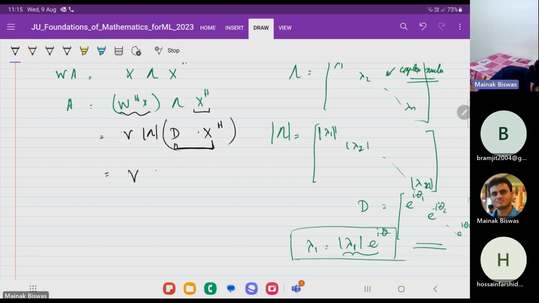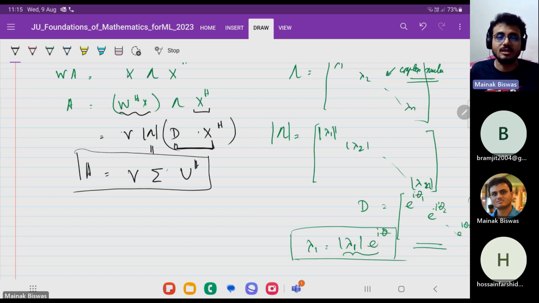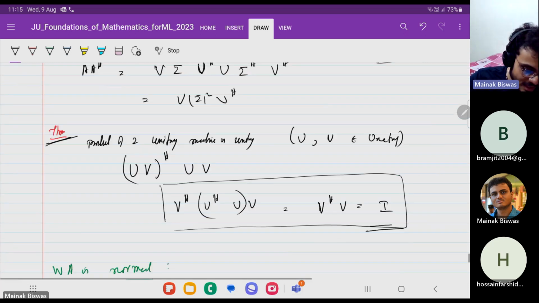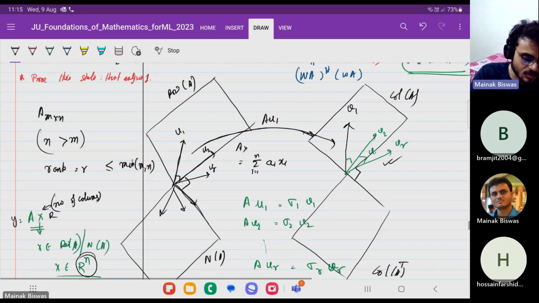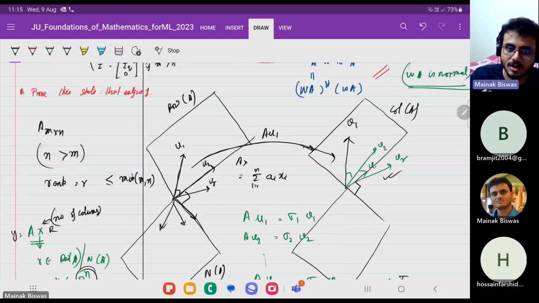I'll be left with sigma and U Hermitian. So this exists; I wanted to show in a mathematical way, because we were confused that these perpendiculars may not exist, right? Whenever we take something in the row space and they are perpendicular, it may not be perpendicular in the column space once we do the product. Agreed?